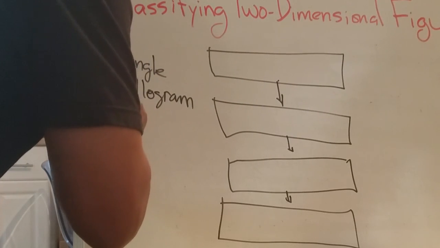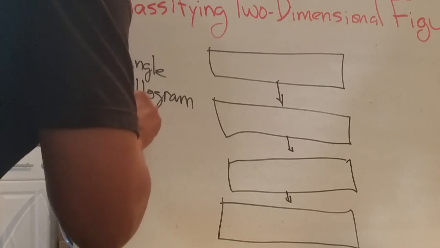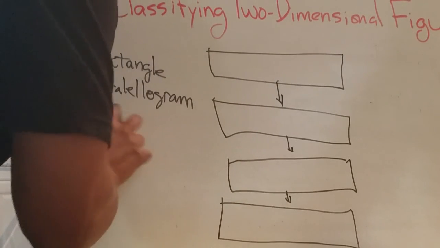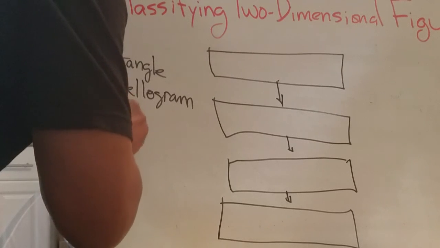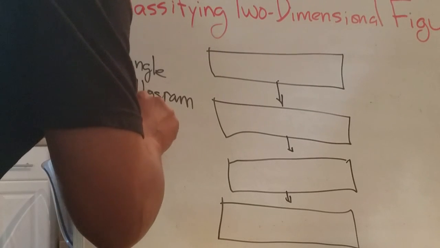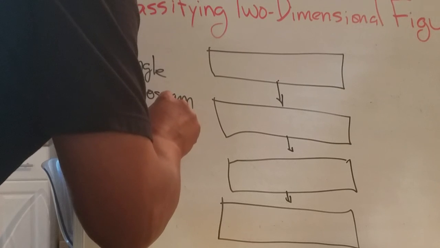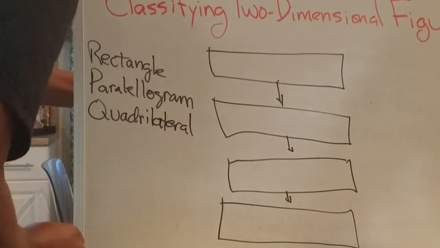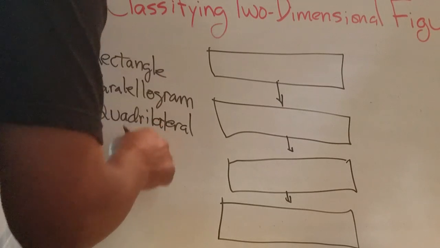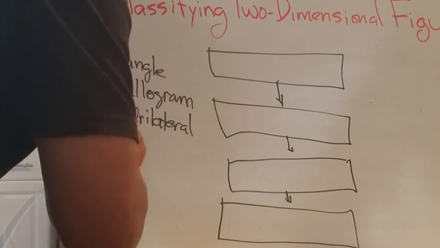Where do you think square would go? No, how about quadrilateral? Where would that go? And then tell me lastly, where would square go?